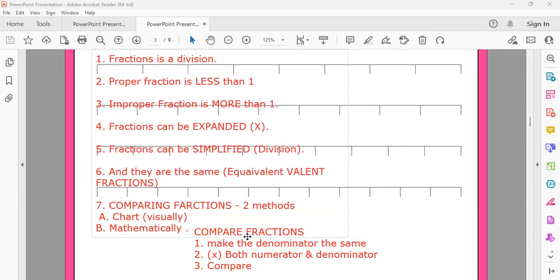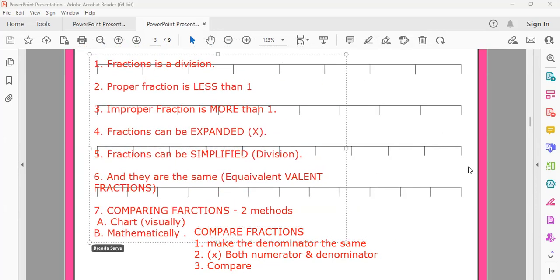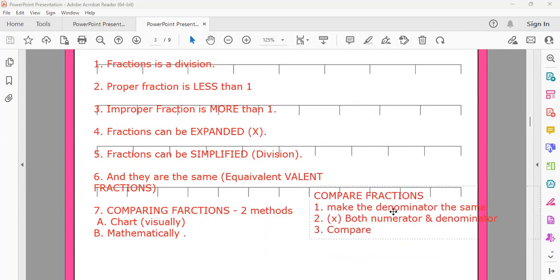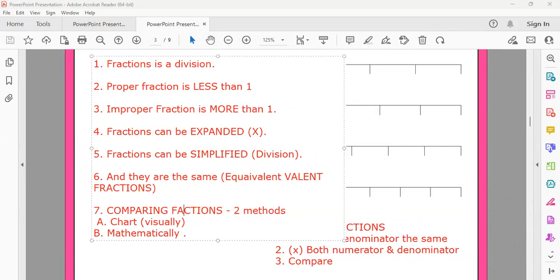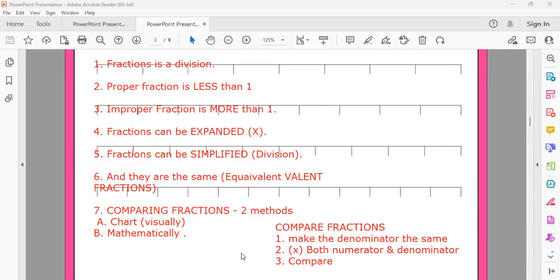Yes, comparing fractions. Teacher, the fraction spelling is wrong. Oh, yeah, it's fractions. Luckily, I didn't say it wrong. Okay, thank you for that.